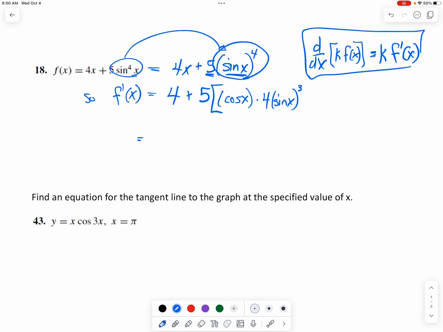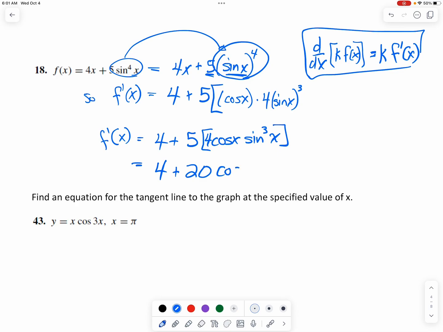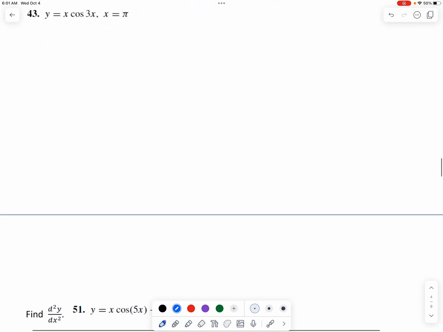We'll clean that up. f prime of x is 4 plus 5 times, I'm going to put the 4 in front, 4 cosine x sine cubed of x. We could keep it like that, or you could say 4 plus 20 cosine x sine cubed x. Whew! Chain rule.